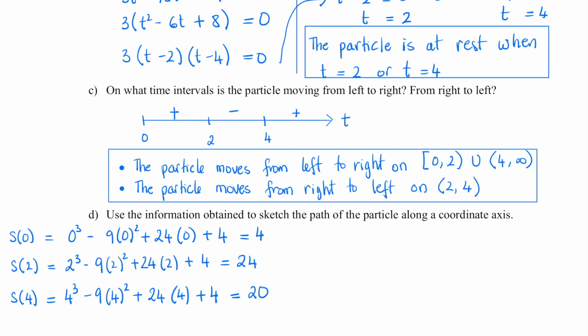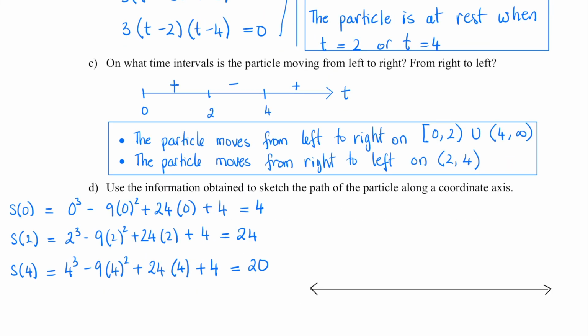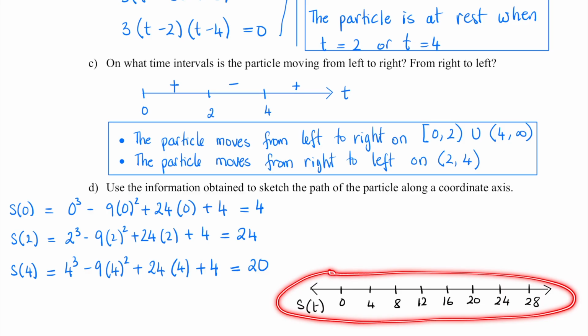Now, let's sketch the motion along the coordinate axis. First, draw a number line representing the position s of t.